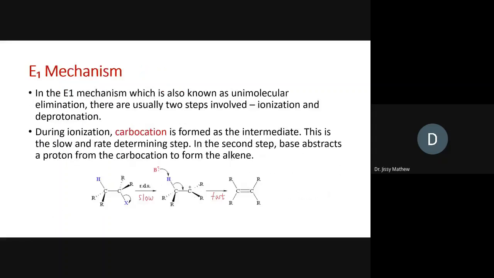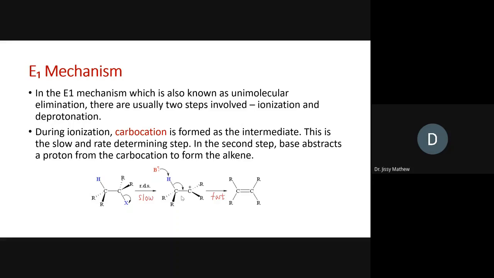The E1 mechanism, also known as unimolecular elimination, is a two-step mechanism. The first step involves the ionization of the alkyl halide in the presence of a base, and that is the slow, rate determining step. Heterolytic fission takes place and we get a carbocation intermediate.